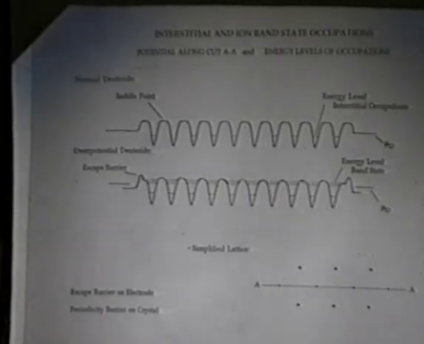So these are the ion band state ions, and to our view, they are the only species within this system that has anything to do with radiationless fusion.